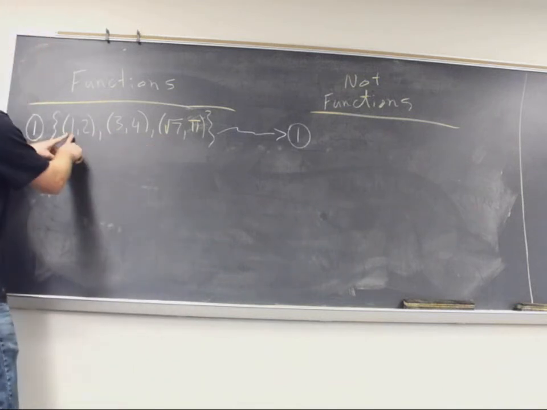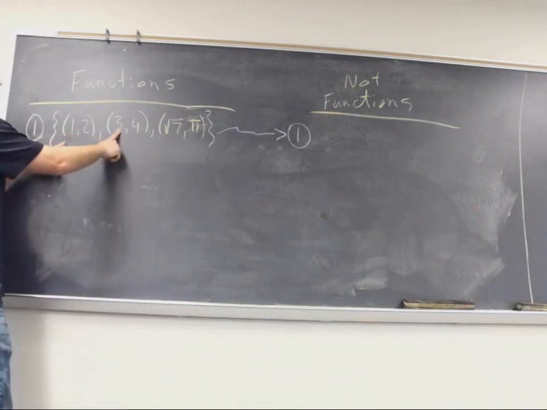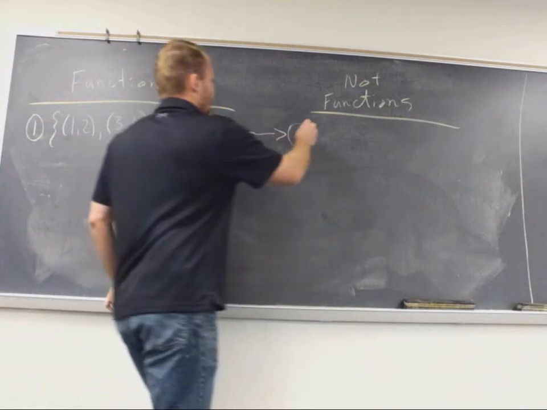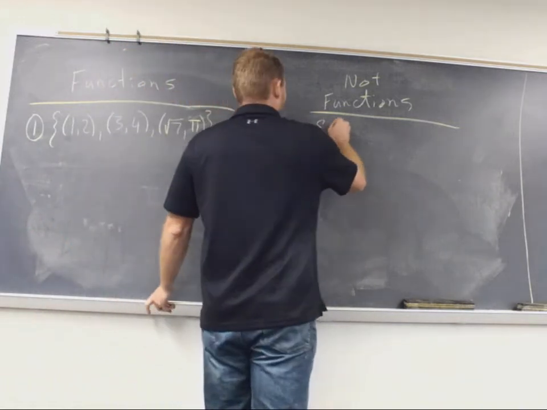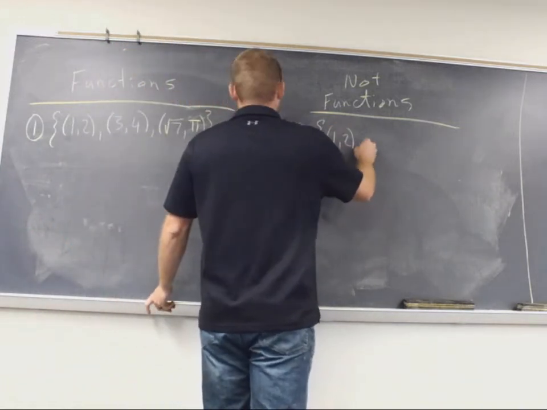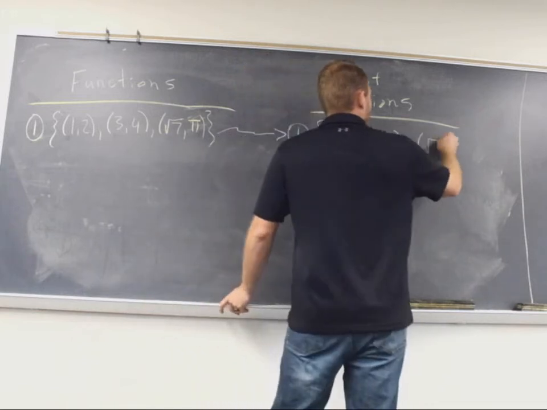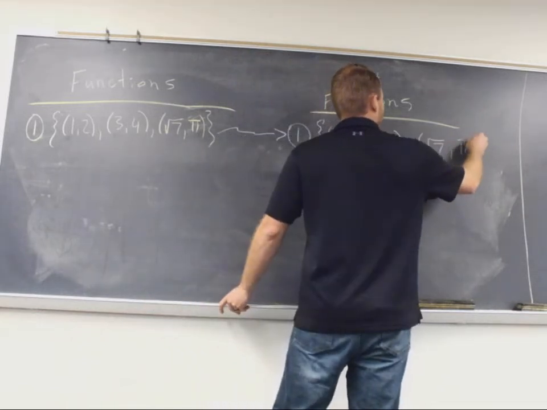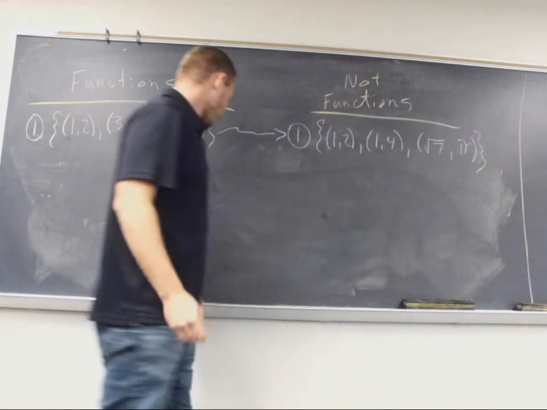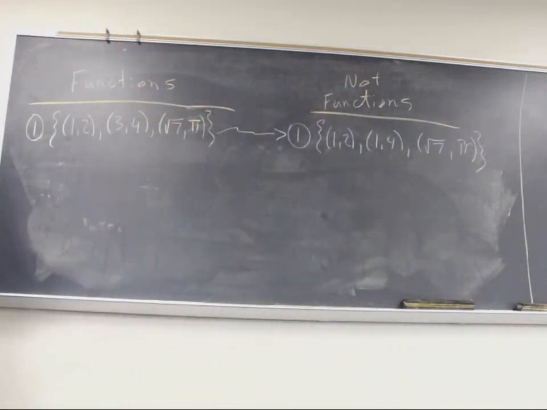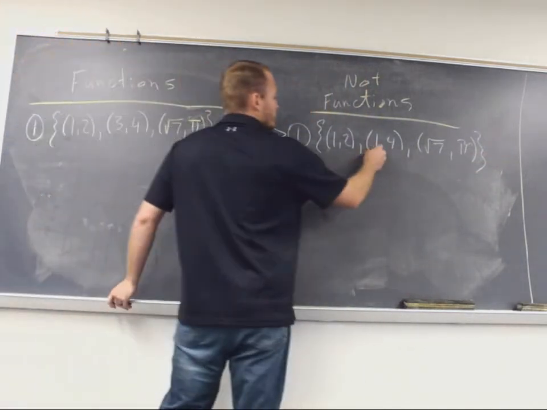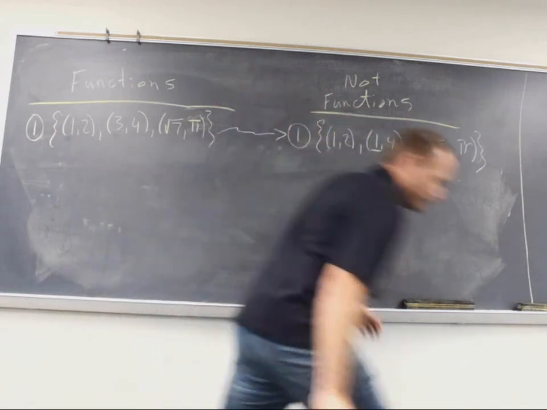So what I'm going to do is I'm going to change this 3 right here to a 1. Let's look at it. So now I have 1, 2, 1, 4, and the square root of 7, pi. So the only thing I changed was this 1 right here.